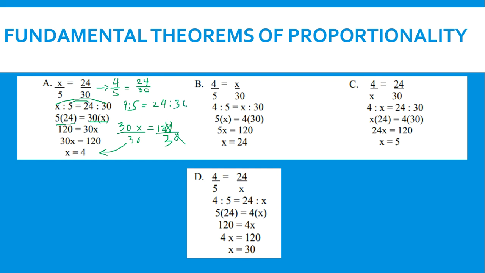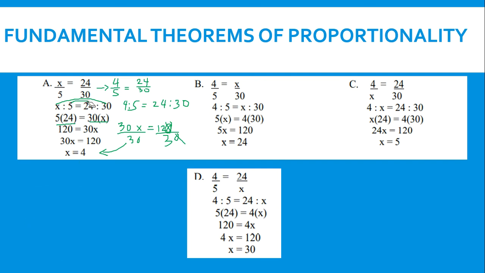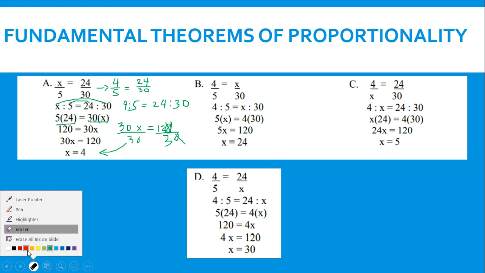So that is the complete proportion, where the value of x is 4. How do we use the cross multiplication? We can also use cross multiplication, since they are the same.